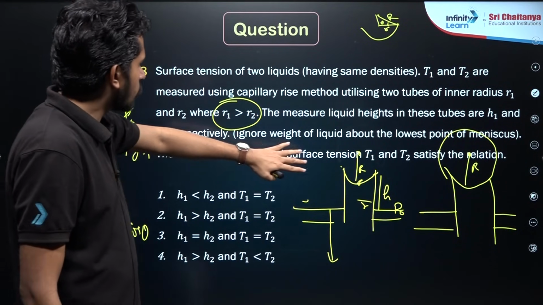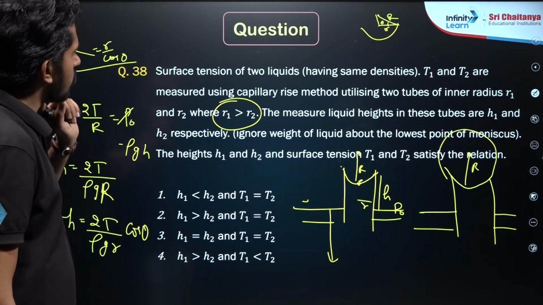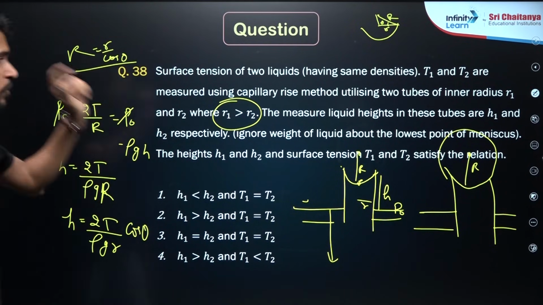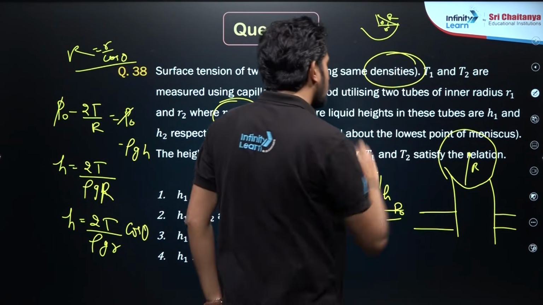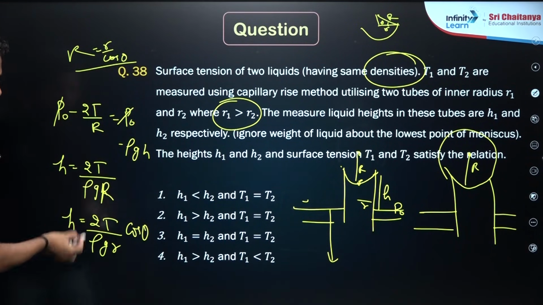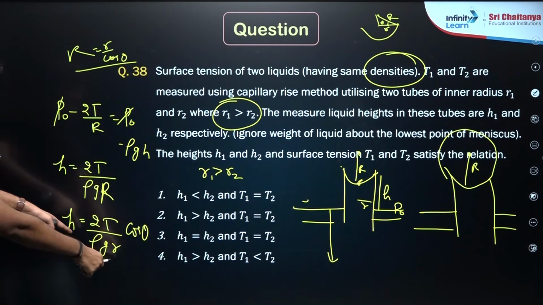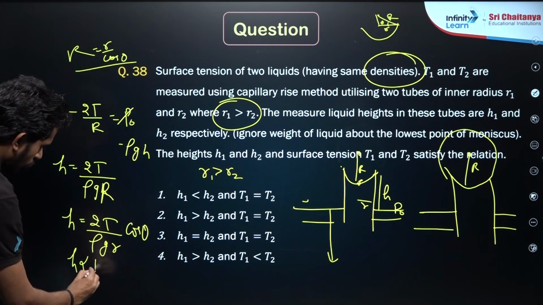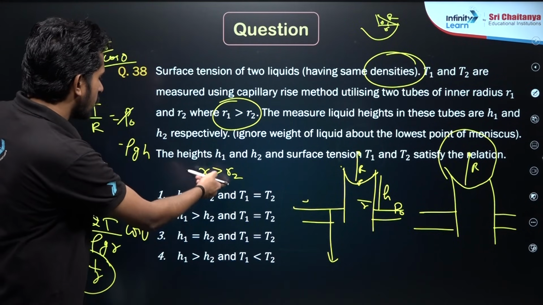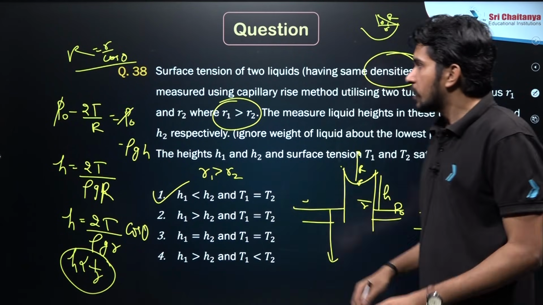Here we have the same densities, that means their tension would be the same. If their tension is the same and R1 is greater than R2, then small r is inversely proportional to h, the height in the capillary tube. So R1 greater than R2 means h1 less than h2. Option 1. Simple. Okay, good.